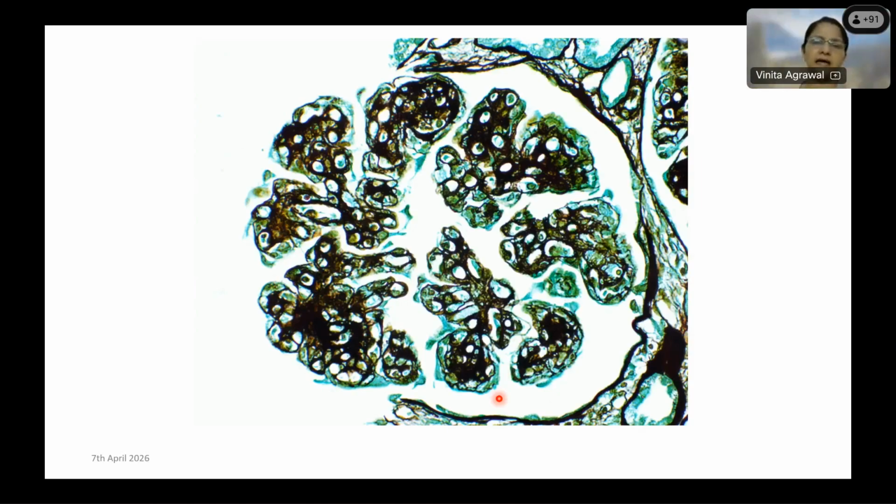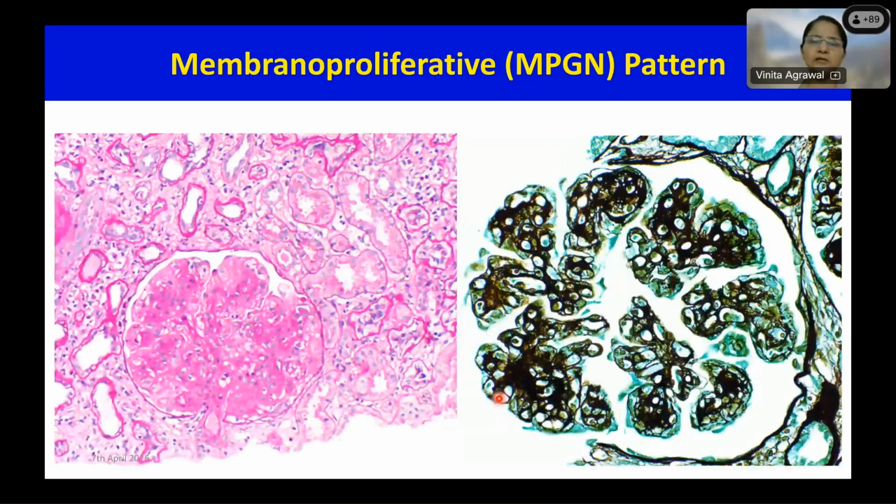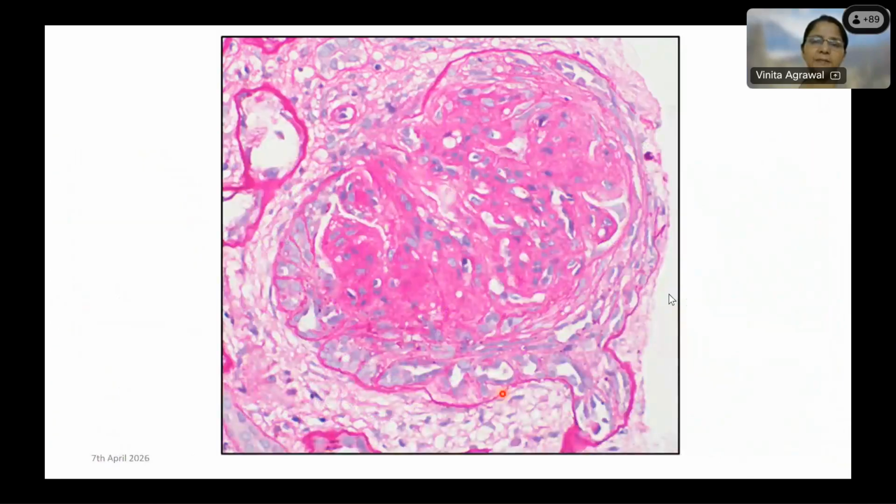Okay, so this is again to show you the MPGN pattern. This patient, this biopsy also, what is this? Ruby, what do you see in this? Very good. So this is a crescent. I told you what is a crescent, which is a proliferation of the parietal epithelial cells along with infiltration of inflammatory cells.